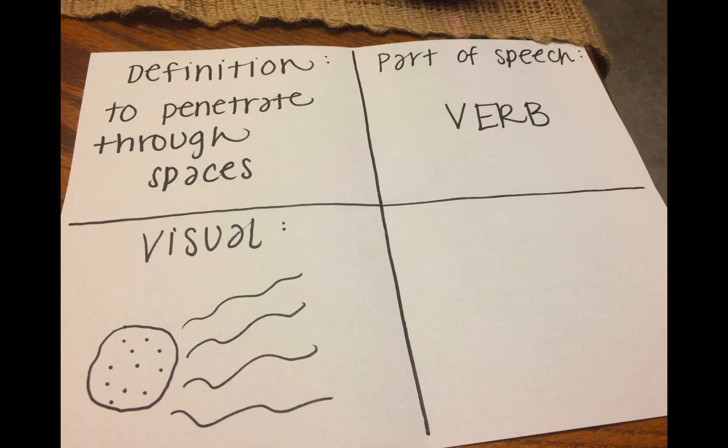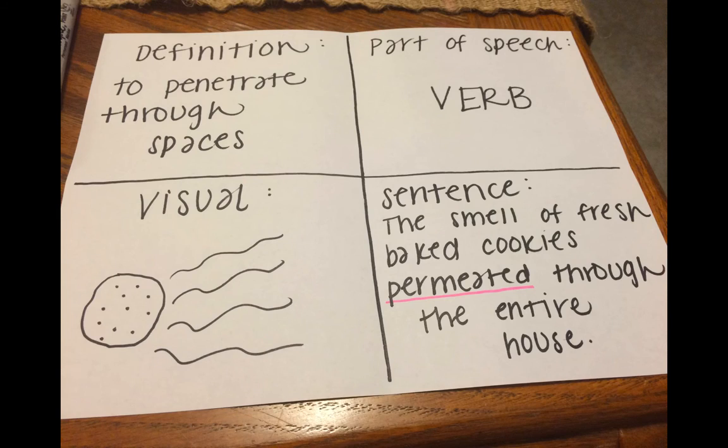The sentence in the book says that pollution from automobiles and smokestacks permeates the air in many cities. The sentence that I'm going to create goes along with my visual. The smell of fresh baked cookies permeated through the entire house. And notice how I underlined the word permeated in my sentence, since that's the word we're working with here.